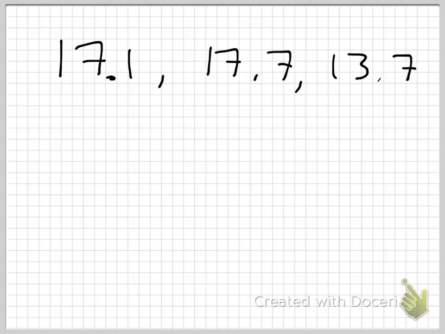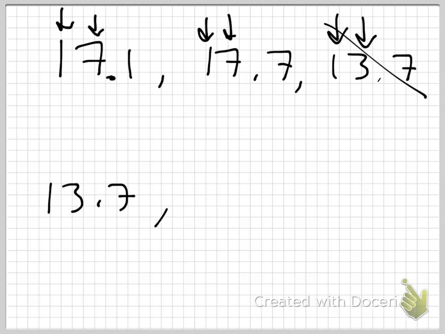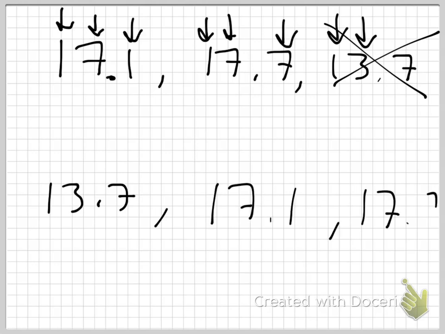Can you tell me which one's the smallest up there, Caleb? 13.7 is the smallest because we're going to compare them. There's a 1 in the tens, 1 in the tens, 1 in the tens. 7 in the ones, 7 in the ones, and then 3 in the ones. Oh, okay, so 13.7 is the smallest by a lot. He's done. And then we go, okay, there's a 1 here and a 7 here, 17.1, 17.7.